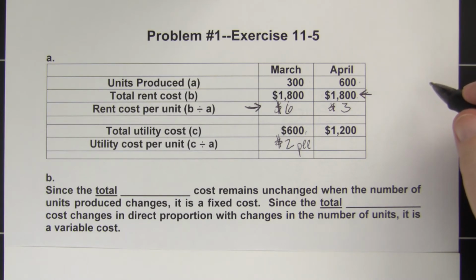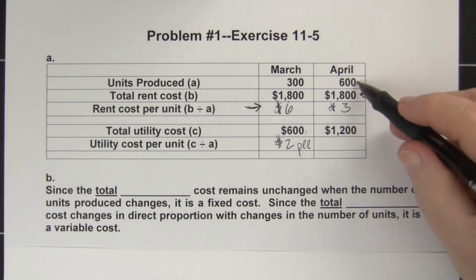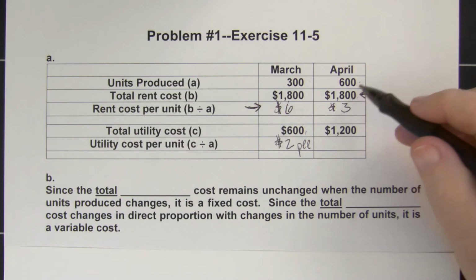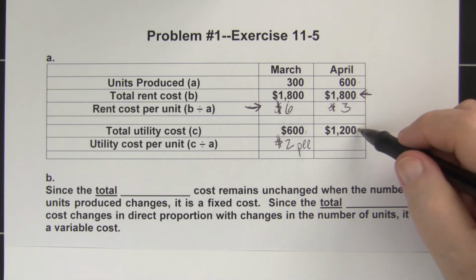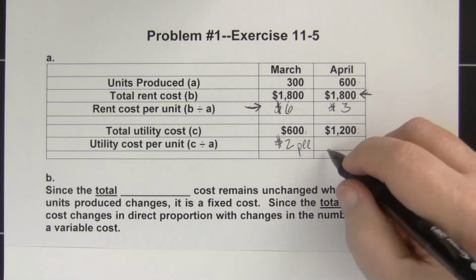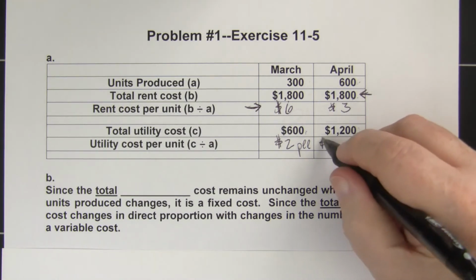Meanwhile, let's take a look at the utility cost. For April, we made 600 units, and it cost us $1,800. Oh, I'm sorry, $1,200. I looked at the wrong number. 600 units cost us $1,200. That's $2 per unit.